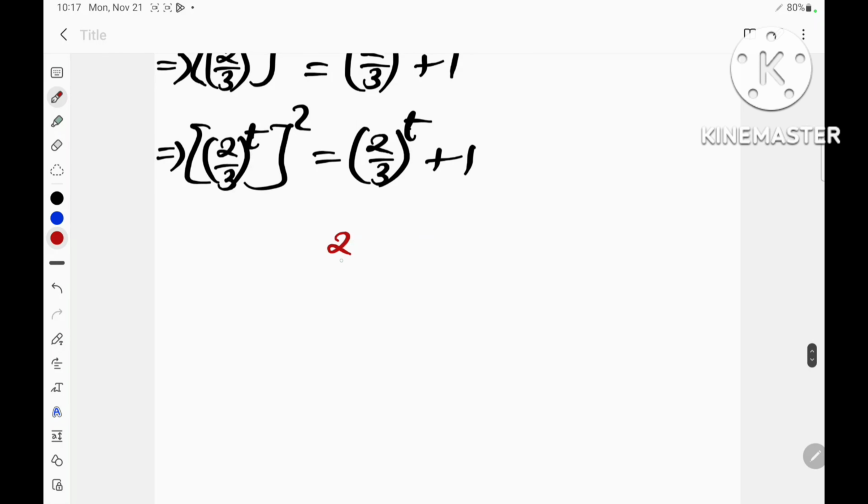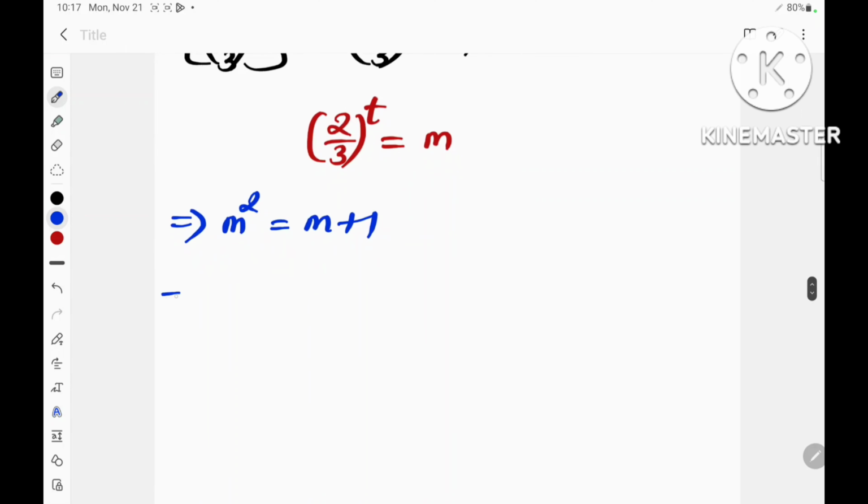And if you let 2 over 3, all this raised to the power t, be equal to m, then we obtain m squared equal to m plus 1. And this implies that m squared minus m minus 1 is equal to 0.